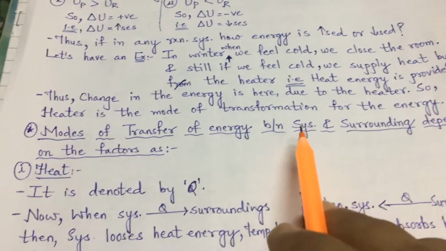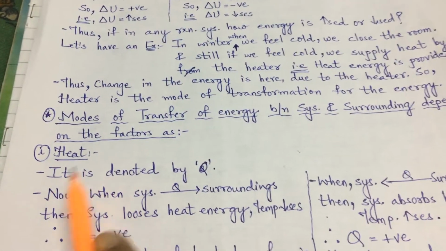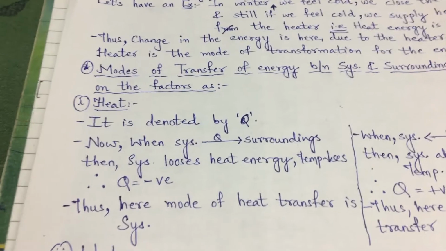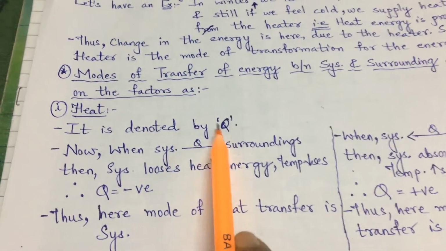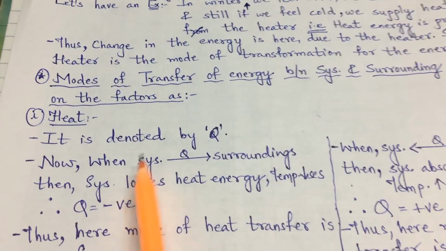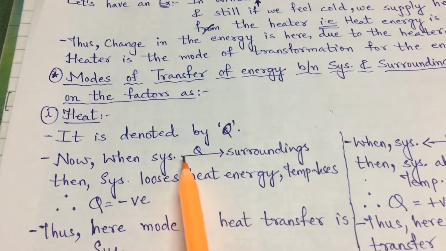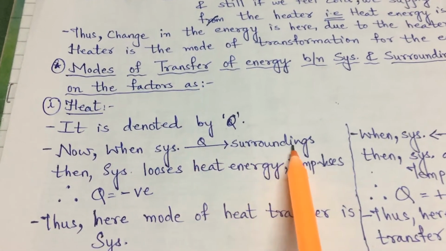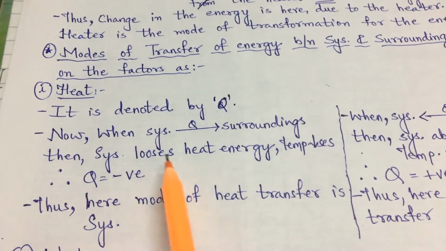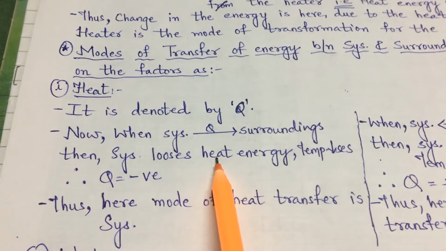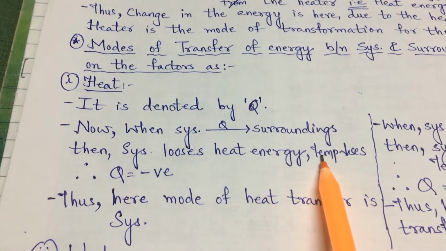So let us see some other factors which are affecting the modes of transformation of energy between the system and the surroundings. The first is heat, which is denoted by Q. Now, when the system is giving heat to the surroundings, then the system loses heat energy and temperature decreases.